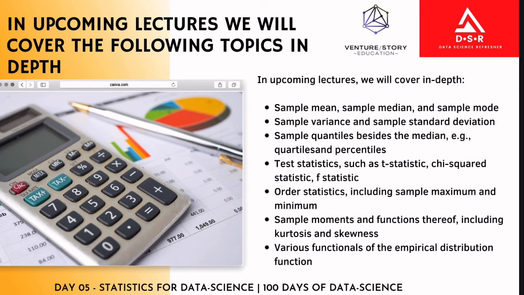We would also be going to discuss the test statistics like the t-test, chi-square test, F-test, etc. We would be discussing more about the order statistics, that is including the sample maximum and minimum, sample moments and functions thereof, including kurtosis and skewness, and various functionalities of the empirical distribution functions.